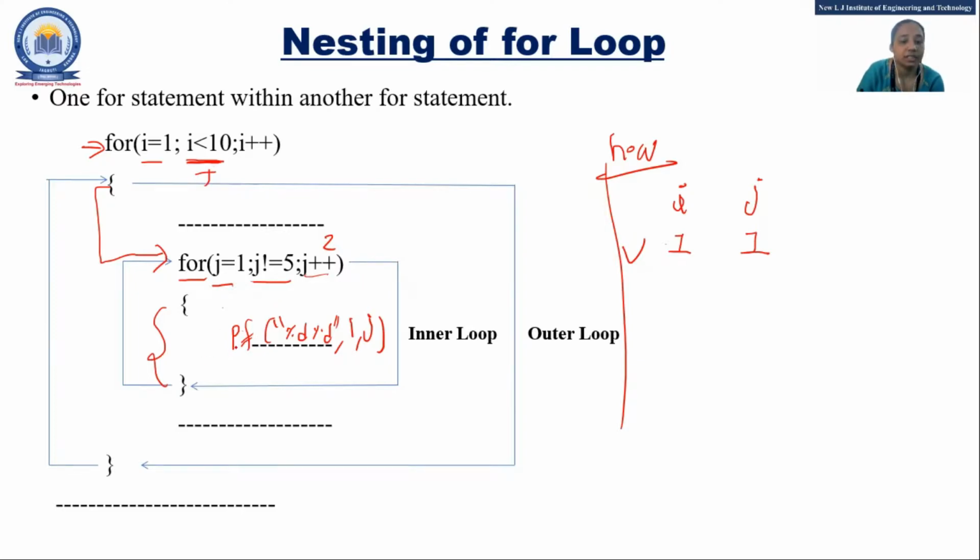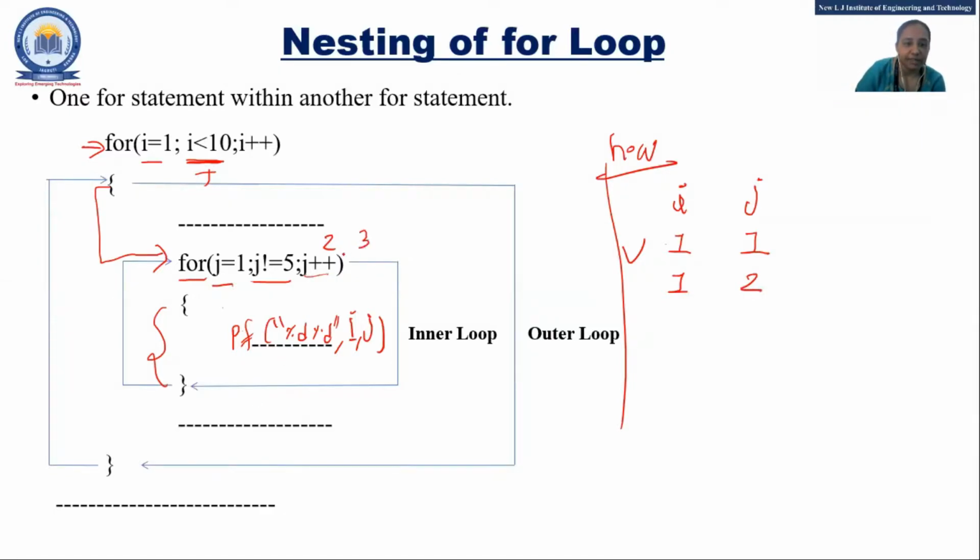So it will go inside printf percentage d, percentage d, i, j. What is the value of i? Can anyone tell me? The value of j has become 2, and the value of i is 1. So it will print 1 2.